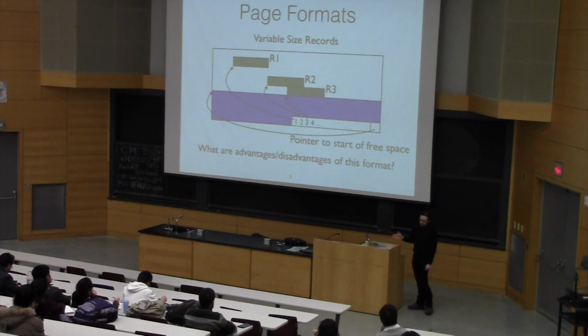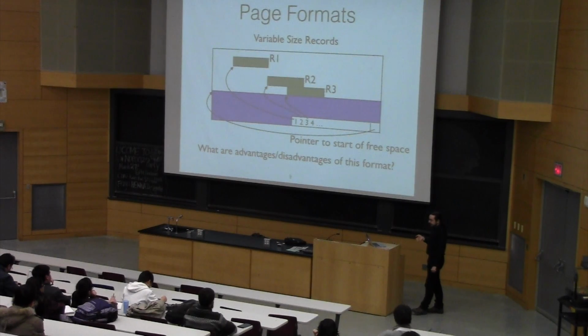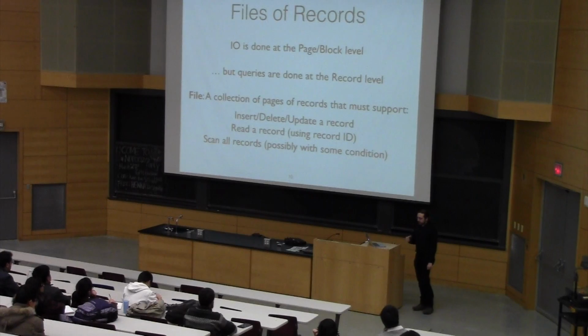Okay, so we started off trying to figure out how a record would be laid out in a sequence of bytes. Now we talked about how records get laid out in a page. And then finally, the final component here is files themselves. So a file is basically just a collection of pages, but how are those pages laid out?